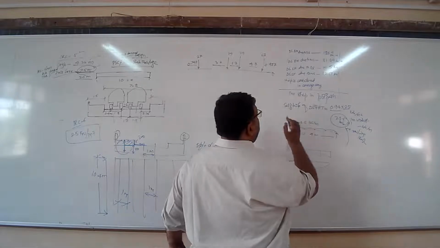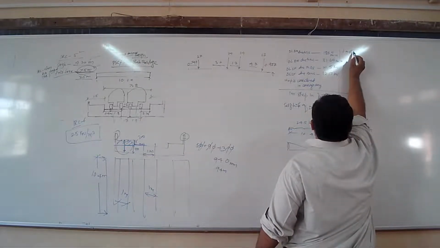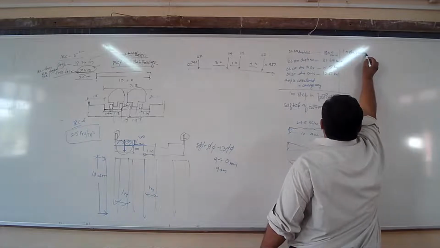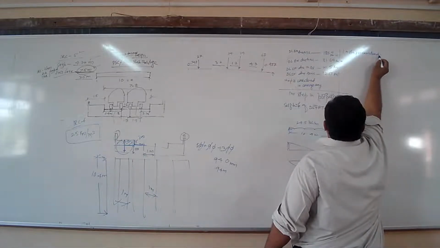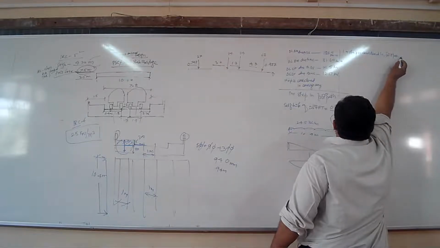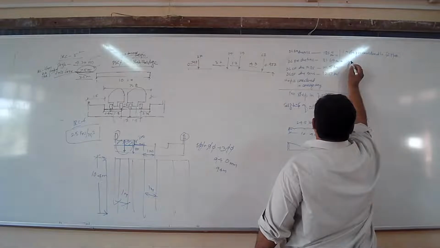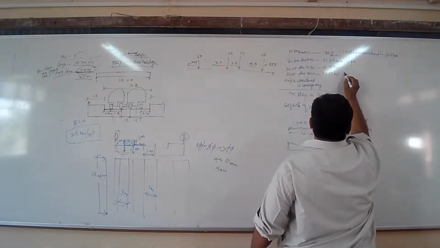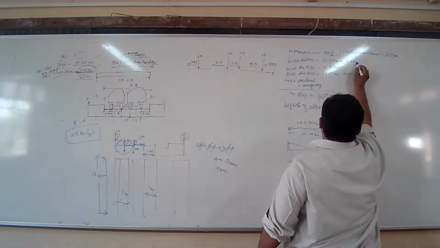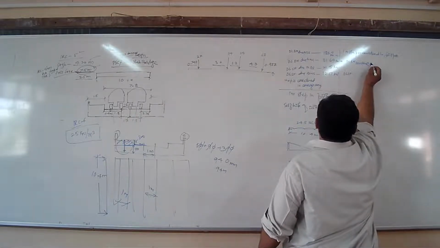Check. So when a 1 meter strip is considered for the footpath, then the dead load bending moment and dead load shear are because of deck slab plus footpath plus railing.